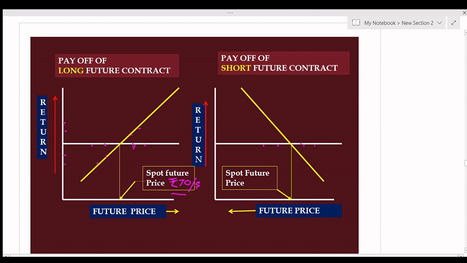If it increases to 71, then it will be a loss of rupees 1 per dollar, and if it is 72, the loss will be rupees 2 per dollar. This is shown in the diagram.